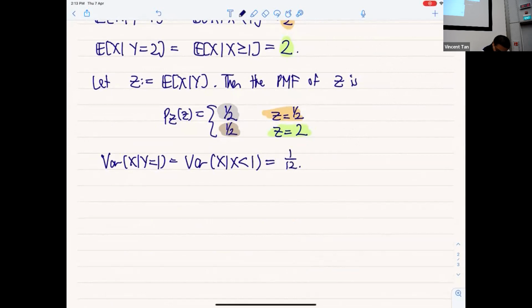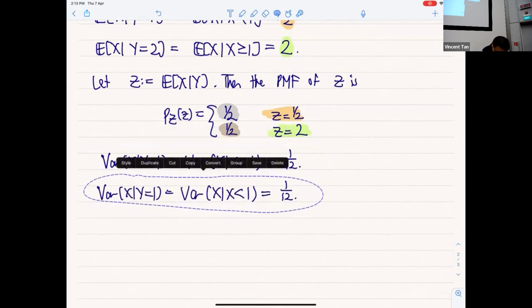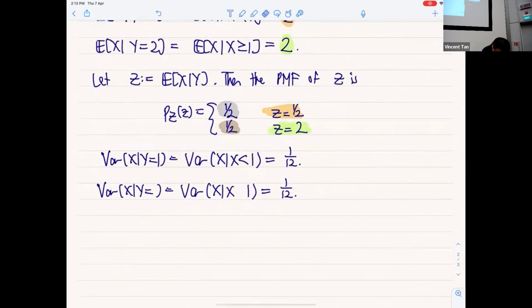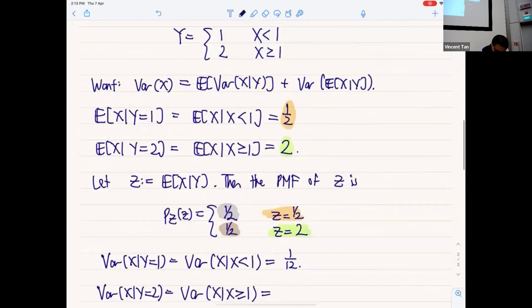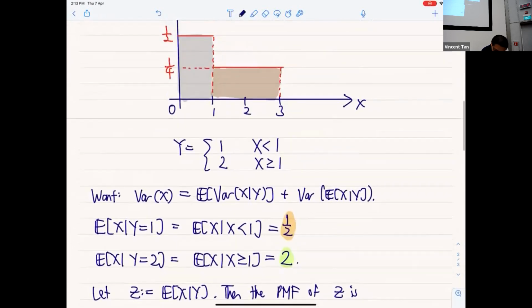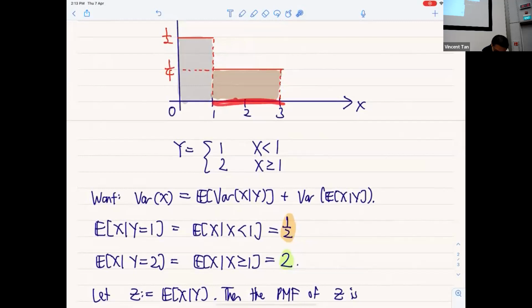Very good. Everyone understands. So now we are going to consider the other value of y. The other value of y is 2. So this is 2, and here x is bigger than 1. Now we refer again to the picture. So we are living in this space here.